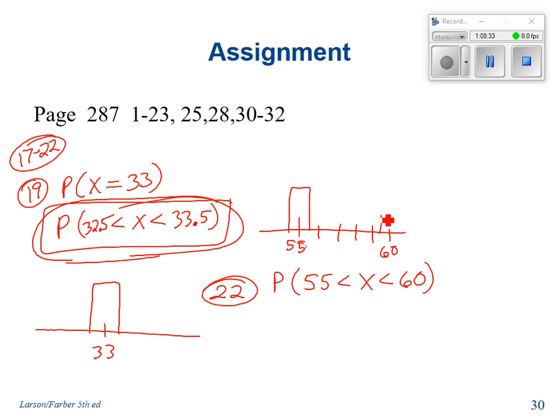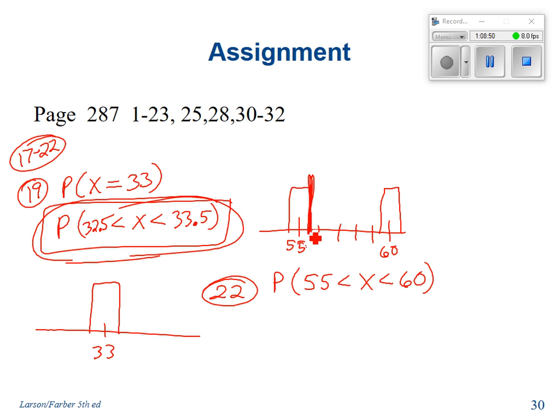We got our bars here. We want x greater than 55, so we're going to start at 55 and a half, right here.